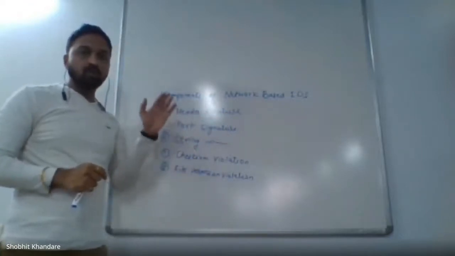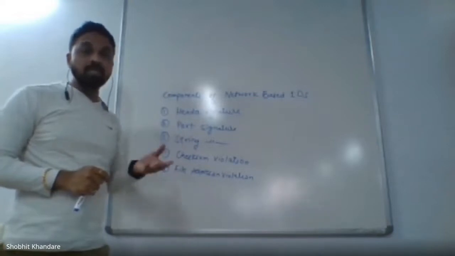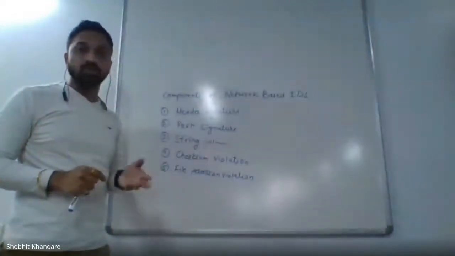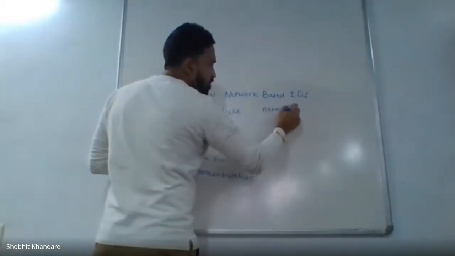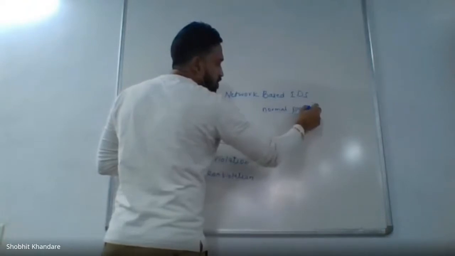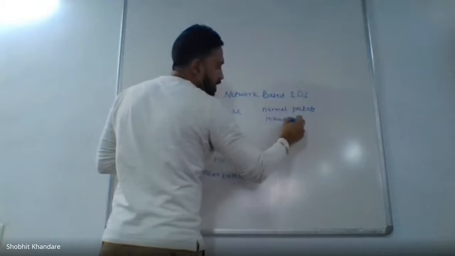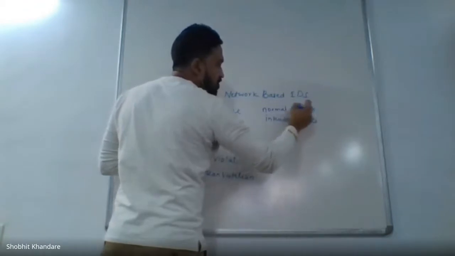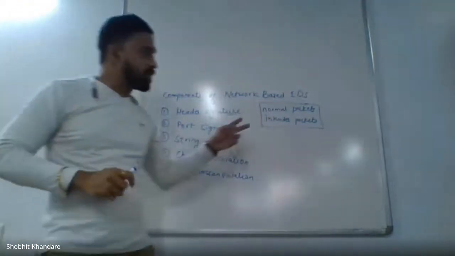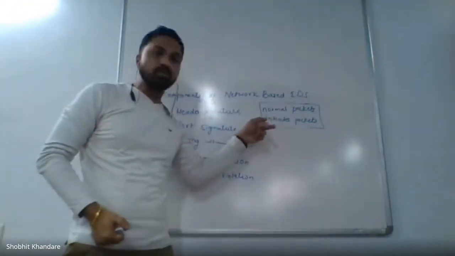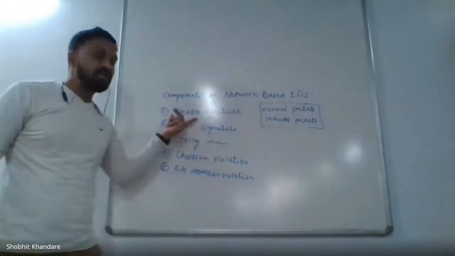These may be normal packets, or they may be intruder packets, the packets which are intruded. Your IDS system is monitoring which are the normal packets and which are the intruder packets. To know this, we have a header signature.